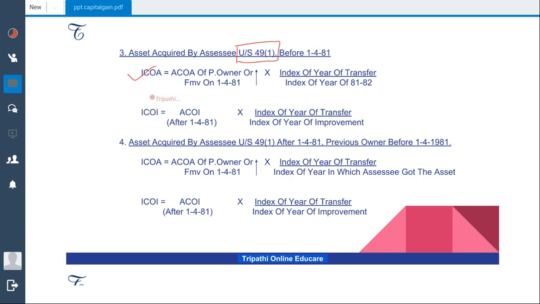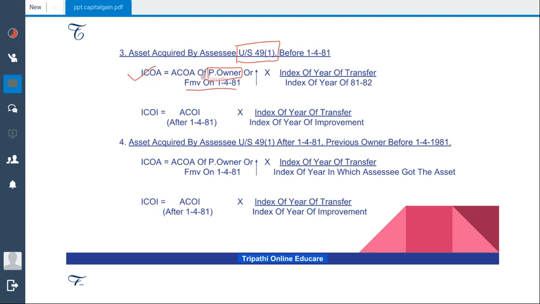Now let us try to find out the change. Now here we have actual cost of acquisition of previous owner. So of previous owner is the addition, which was not there in the previous formula. Right? Wherein if you see the previous formula, you will find fair market value as on 1981.